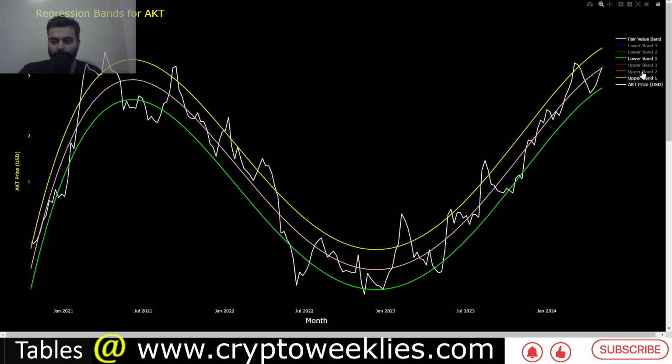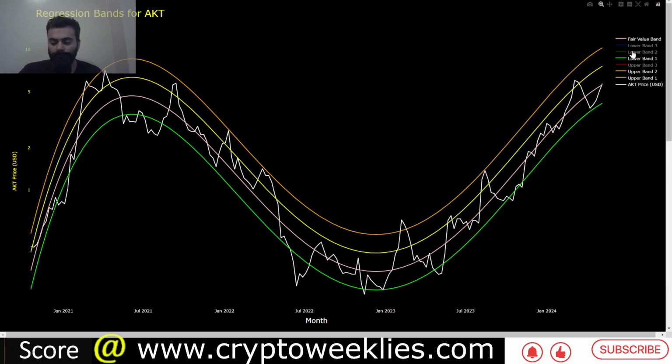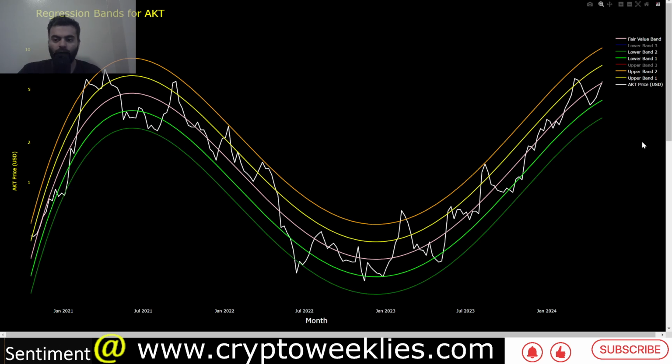But if we wrap around another bands, which are the upper band 2 and the lower band 2, which are the two standard deviation residuals, to take care of about 95% of the price action inside these bands. And those levels at this point in time, to the upside are at around $10 and to the downside at around $3.